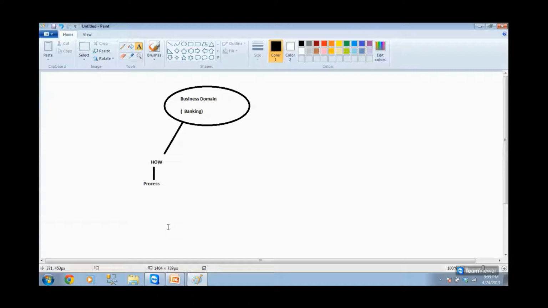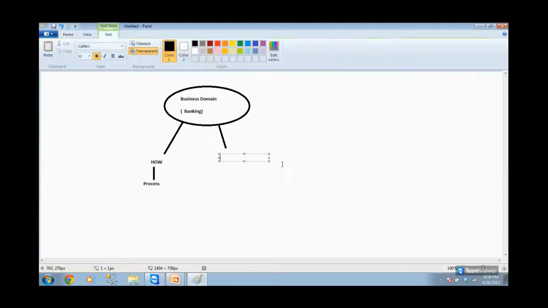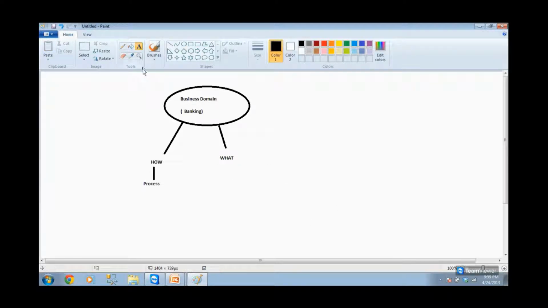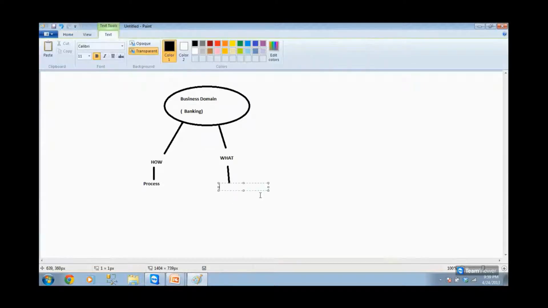Now, one more question, sir. What all do you need to open an account? That means you are asking one more question. When you say what, the banker will tell you the data, meaning what data you need to open an account.